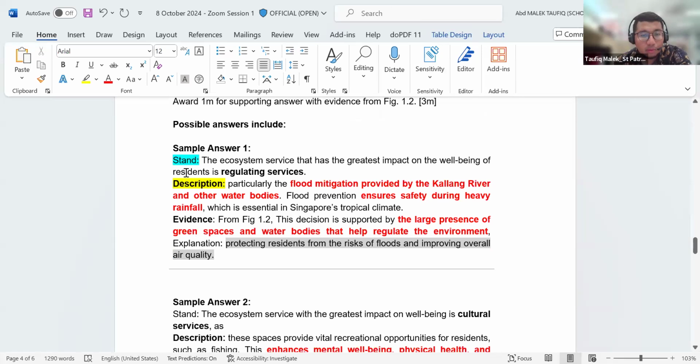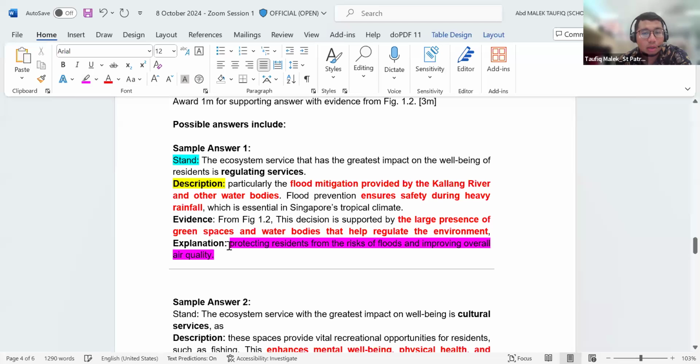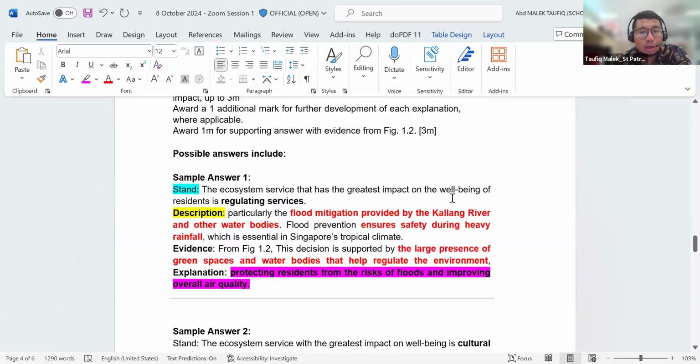So you are providing SDEE. The explanation is here. I will not highlight it in gray, I'll put it in maybe purple. So a very simple SDE description, using the figure to support your answer.